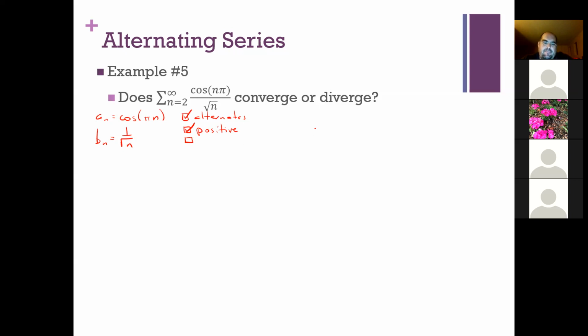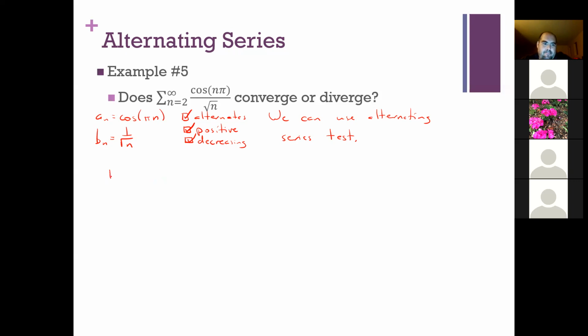And finally, that it's decreasing. All right, and is that true? Yeah. So we can use the alternating series test. And what is that alternating series test going to tell us about this series? If it converges or diverges. Yeah. So what do we need to look at?